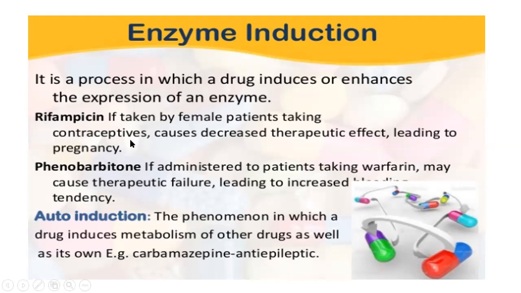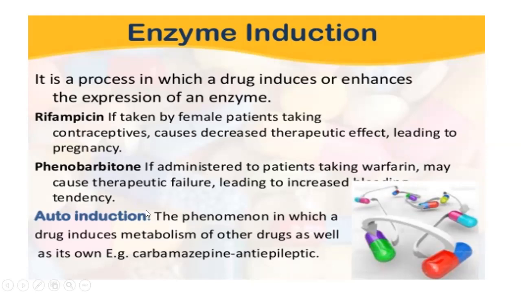Because of that, it will decrease the effectiveness of the contraceptives, and thereby it leads to pregnancy. Similarly, phenobarbital, the CNS drug, if administered to patients who are taking warfarin, the anticoagulant drug, will induce the metabolism of warfarin, and because of that, it will lead to therapeutic failure.